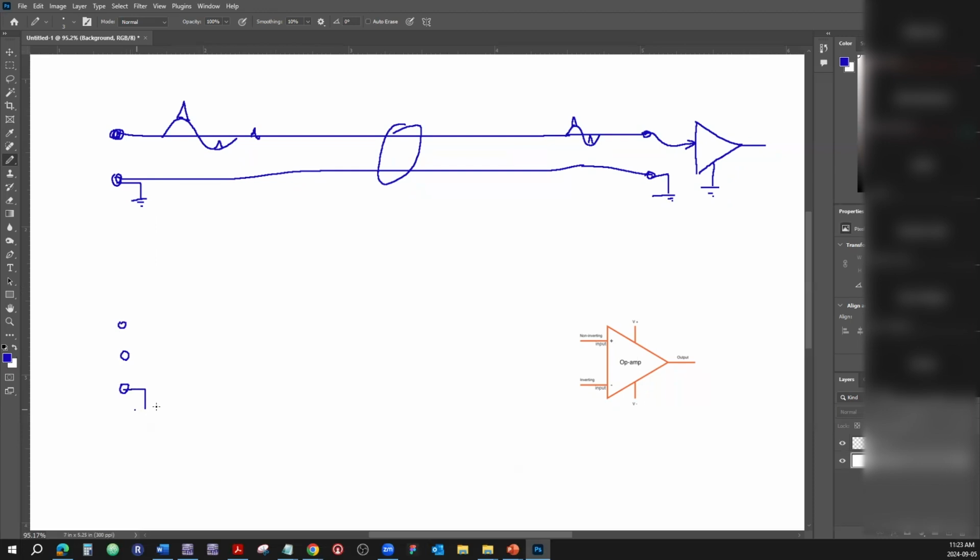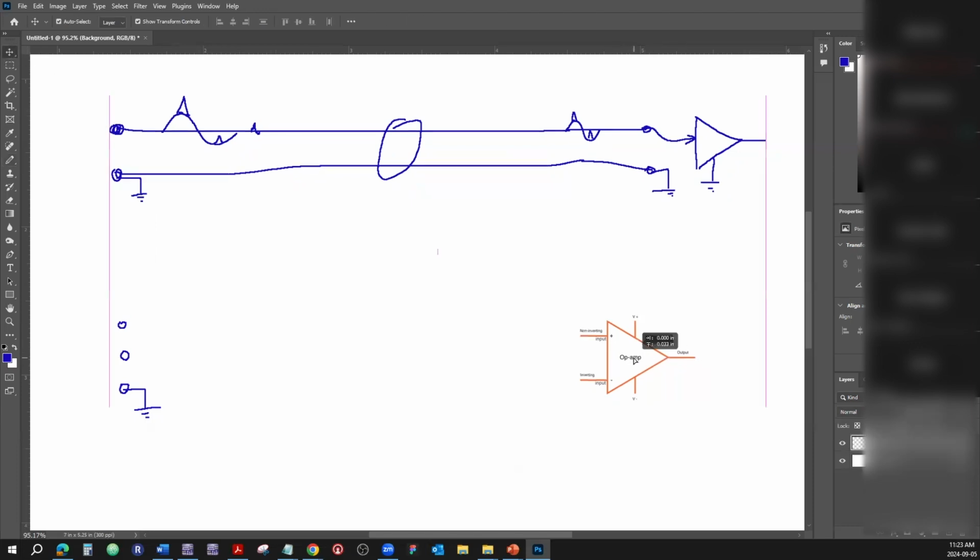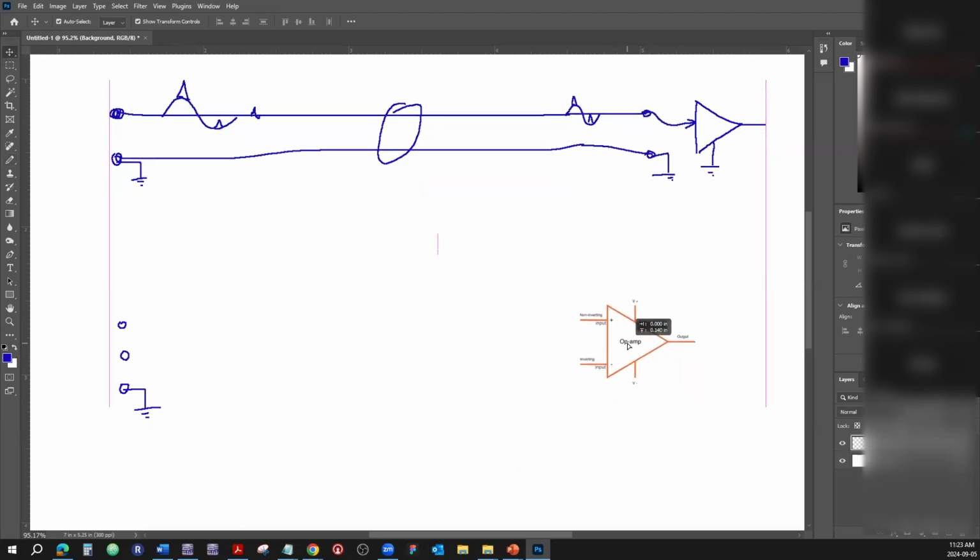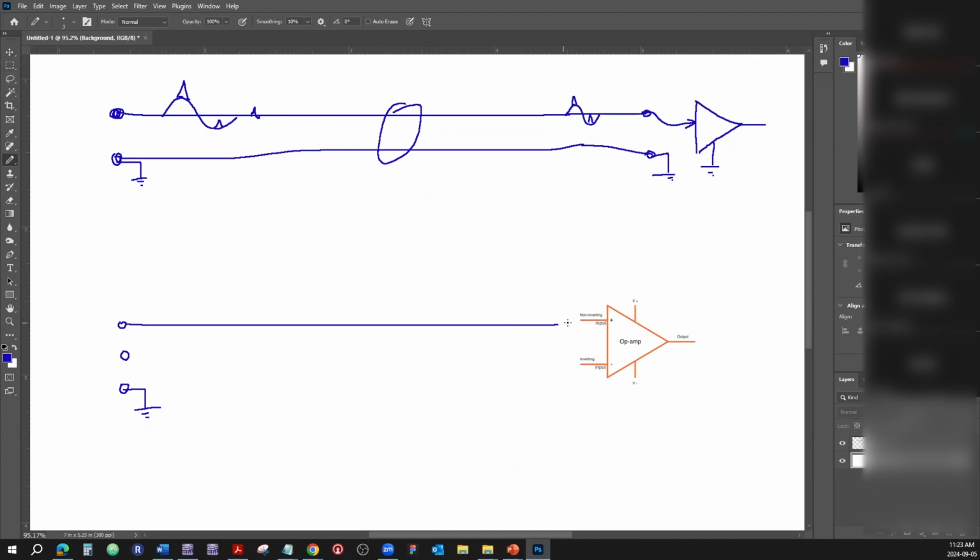The third one could be the ground. Let's do it like this. And we're going to carry 2 other veins. Yeah, we could carry the ground as well.